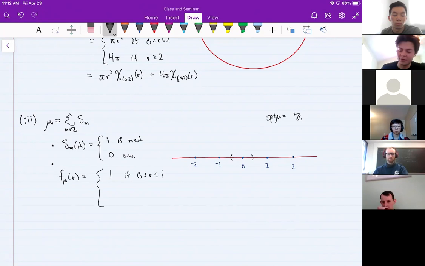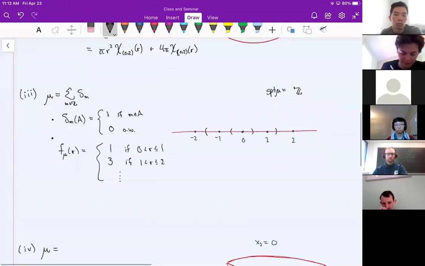The next time I pick up more measure is when my radius is greater than 1, so my ball contains these points 1 and -1. So the measure will be 3 if r is greater than 1 and less than or equal to 2, and so on. I can keep on playing this game and just see that my balls will pick up more measure when I get to these integer points.